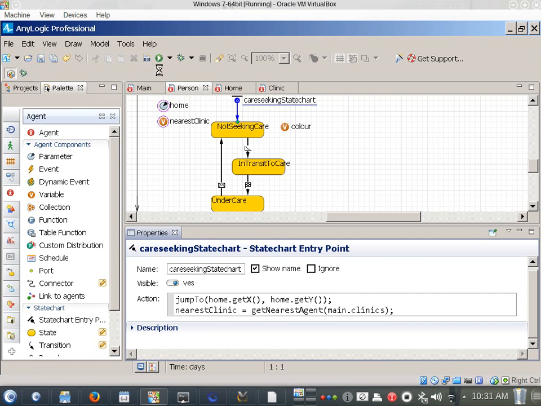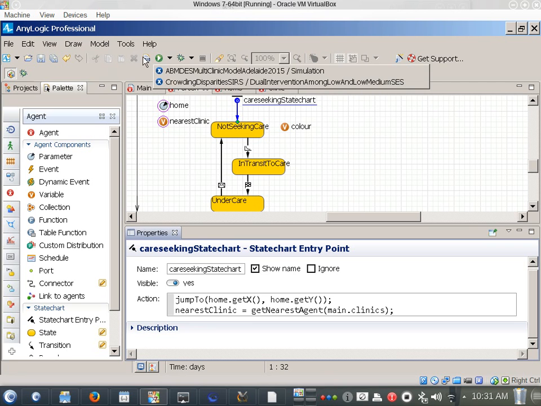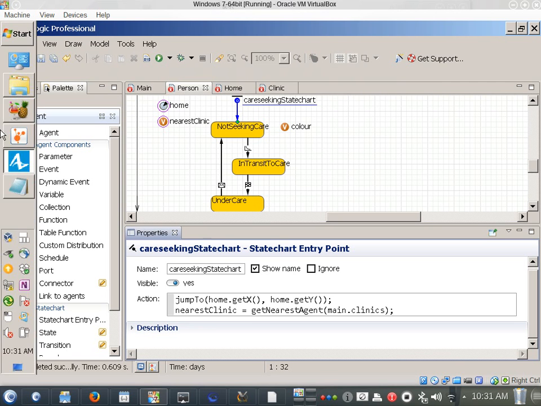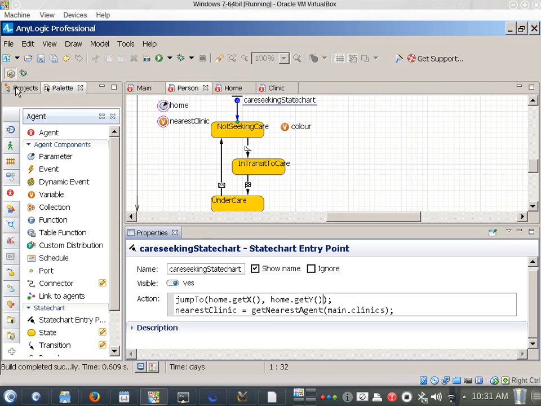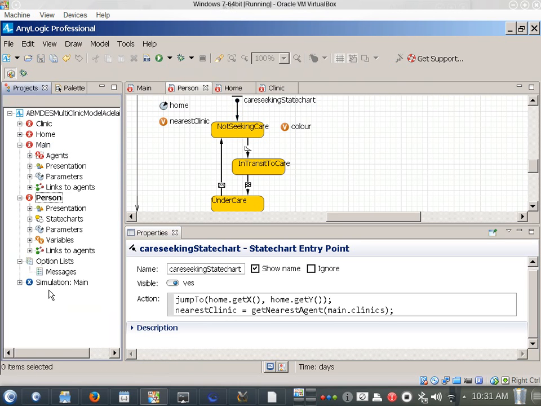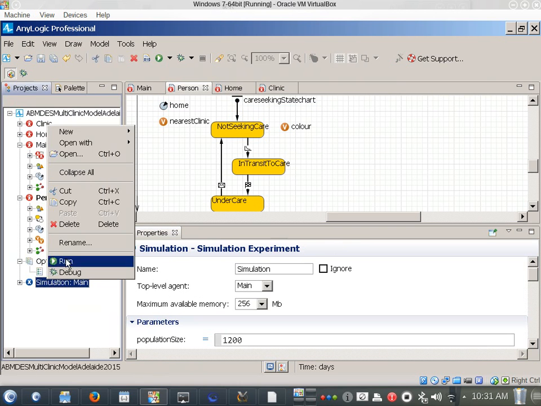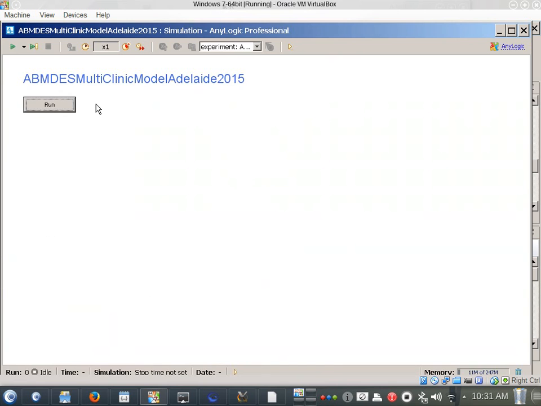So, folks, I'd like you to run this now. Build it, and what happens? Run it. What do you see?